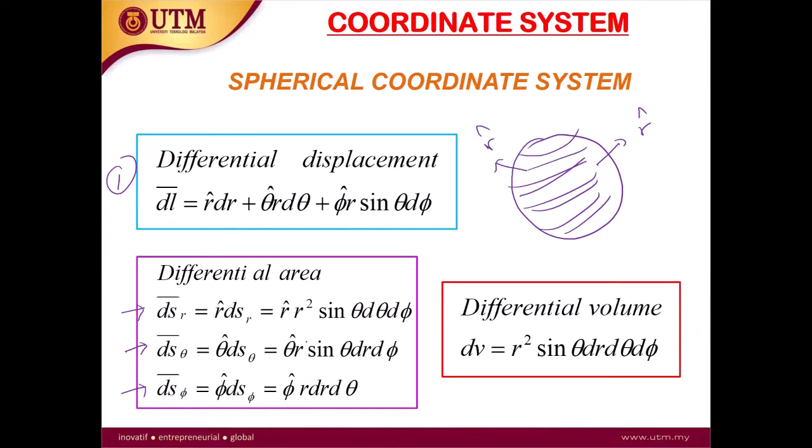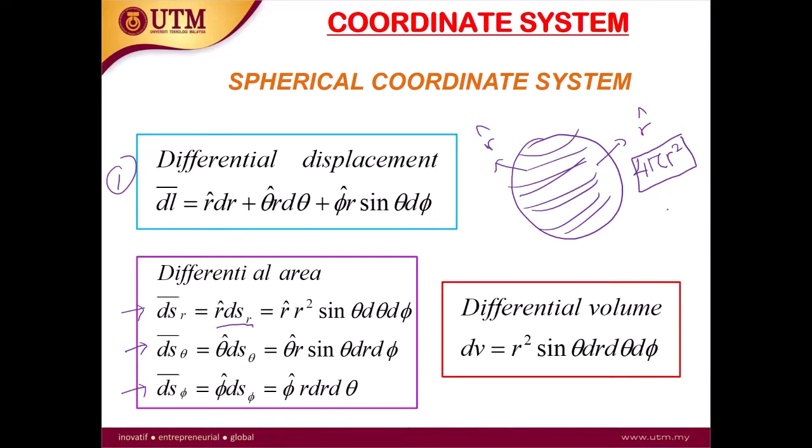So that's why we have r-hat dsr, and we have to define what dsr is. As you learned in secondary school, the surface area of the sphere is 4 pi r square. By using this principle, you will later obtain this 4 pi r square, the surface of the sphere facing the r direction.